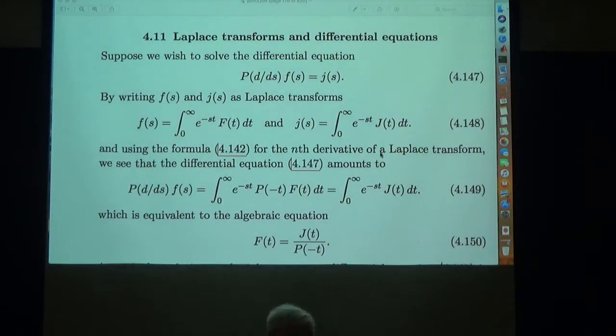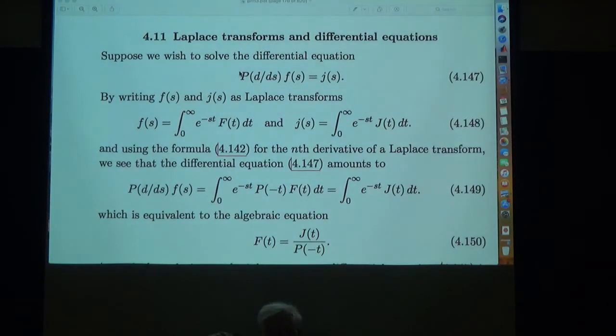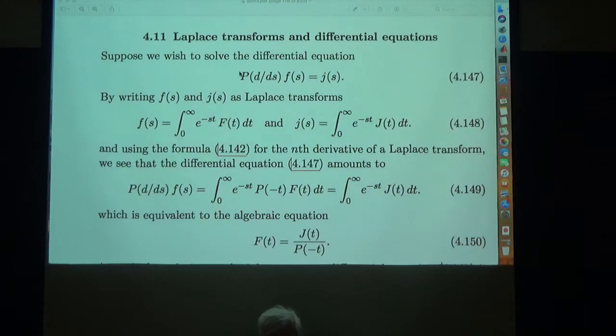Now, as I said, Fourier transforms allow you to solve differential equations when the differential operator is just a bunch of derivatives, all kinds of derivatives, just as long as it doesn't involve the independent variable x, or in this case s. And so if you have some polynomial in derivatives times an unknown function equals a source function, the way to solve it is you write f and j as Laplace transforms.